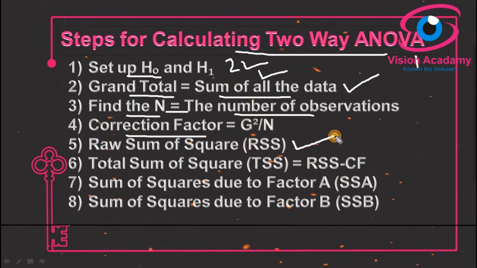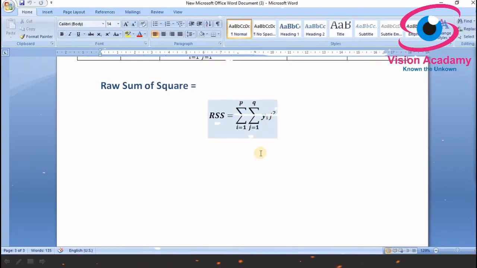After this we have to calculate the raw sum of squares. This is the formula for finding the raw sum of squares. Here, in the summation over P and Q, P is the level of factor A and Q is the level of factor B, which means P is the degree of freedom relating to predictor A and Q is the degree of freedom relating to predictor B. So the summation from i equals 1 to P, j equals 1 to Q of Yij squared is the formula for the raw sum of squares.